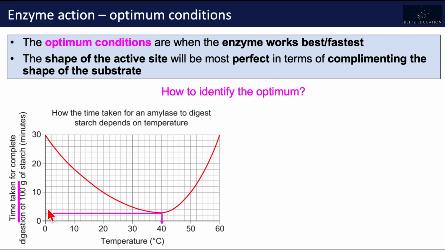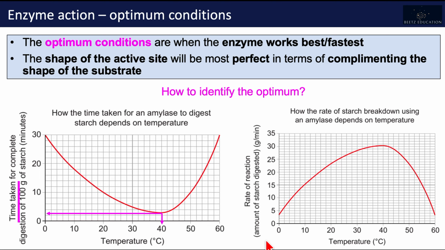It's 1.5 squares up, so between 2 and 4 would be 3 minutes. And another example, then: if I had rate on the y-axis, I'd once again draw on the graph to help me select the optimum condition, optimum temperature, and if I had to deduce the rate of reaction at the optimum, again, I'd read across by drawing a line across from the peak to the y-axis.